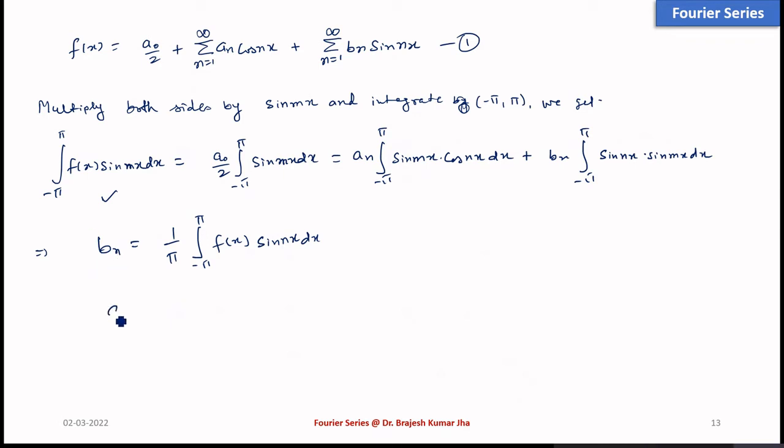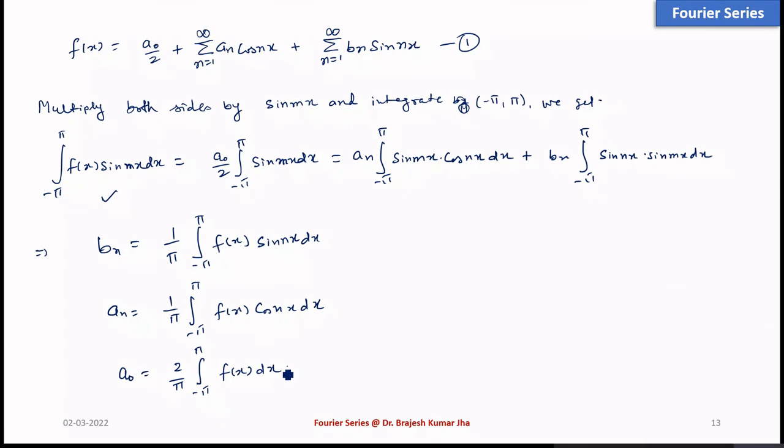So bn is this one, an is 1 upon pi integration from minus pi to plus pi f(x) cos nx dx, and a0 is 2 upon pi, subject to the condition that you are taking a0 by 2, integral minus pi to plus pi f(x) dx. Right?